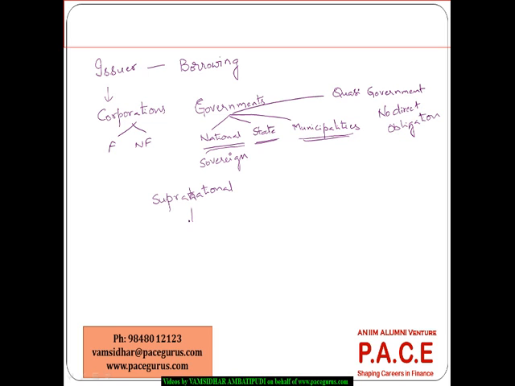Probably those kinds of organizations which operate in multiple countries, multinational kinds of setups, and generally we categorize the IMF, World Bank, these kinds of entities under the supranational entities. So even they can get into the borrowing.